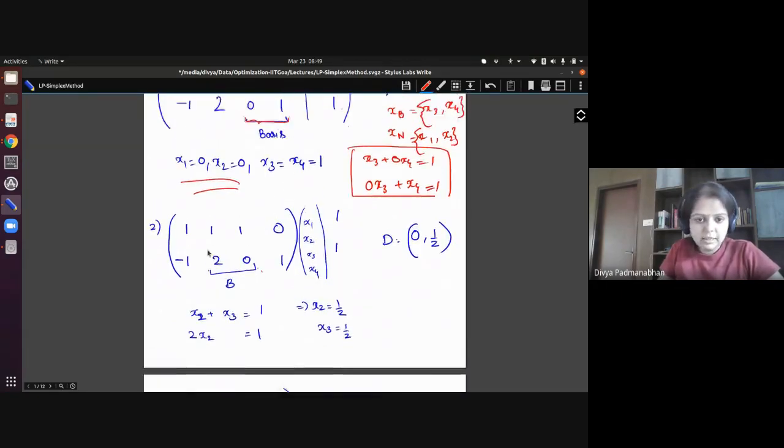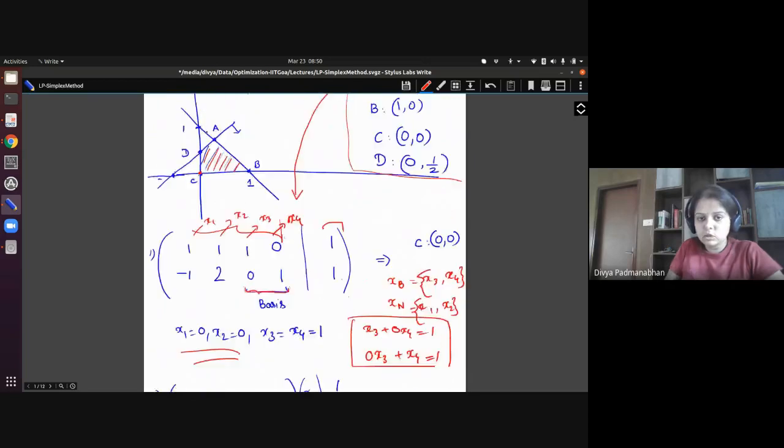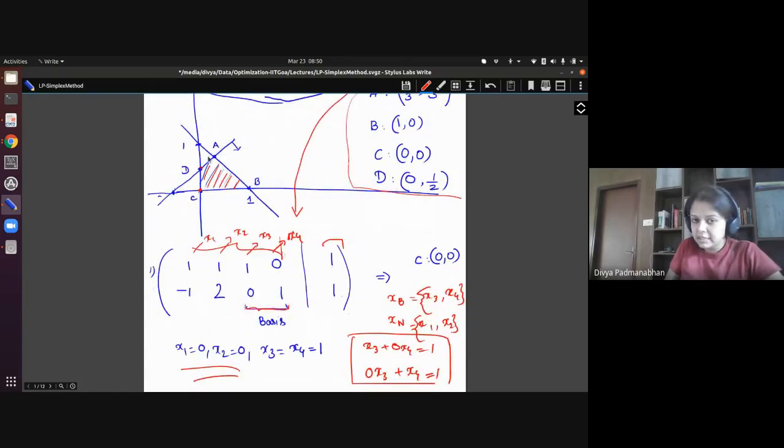If you fix these as the basic vectors, then x1 and x4 are zeros. Solving this system, x2 plus x3 is 1, and 2x2 is 1, so x2 is half and x1 is 0. That gives you this vertex D.